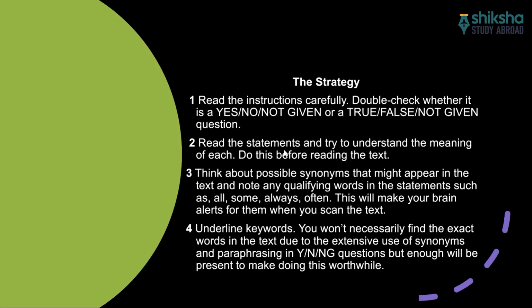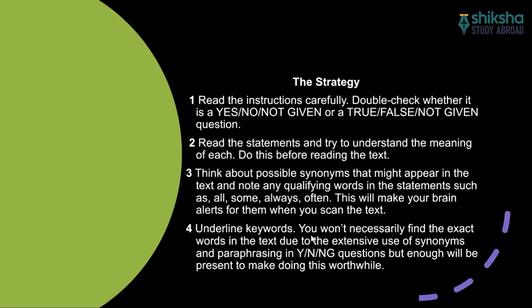Next strategy is read the statements and try to understand the meaning of each. Do this before reading the text. Think about possible synonyms that might appear in the text and note any qualifying words in the statements, such as all, some, often, always. This will make your brain alert for them when you scan the text.